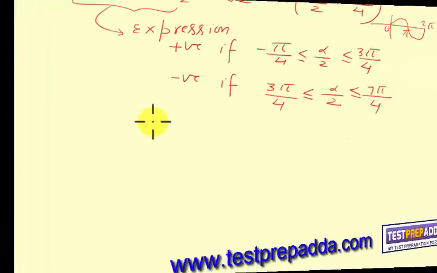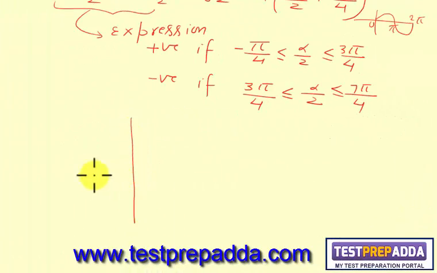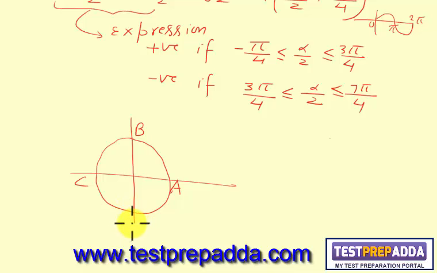Now, we will understand this diagrammatically. Consider these as points A, B, C, D. Okay.